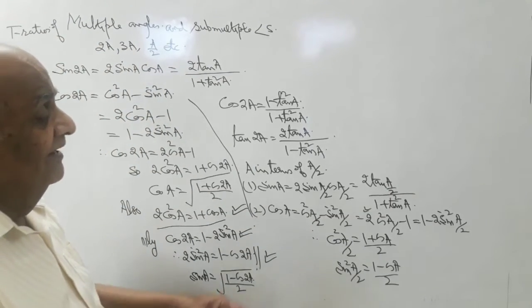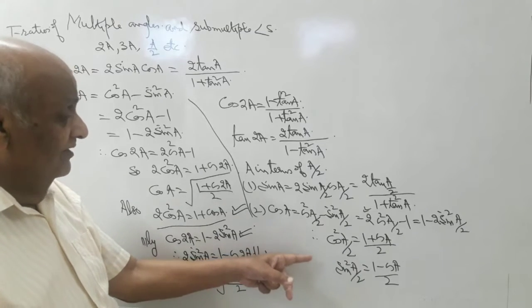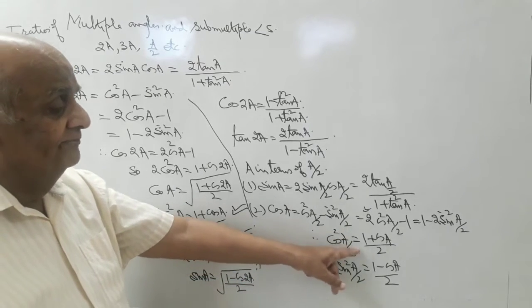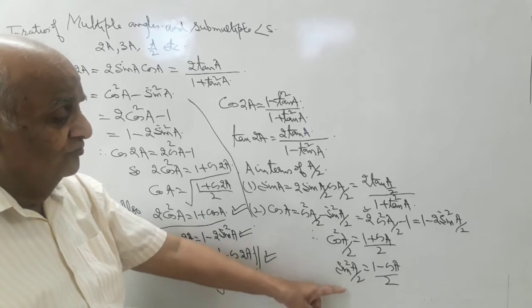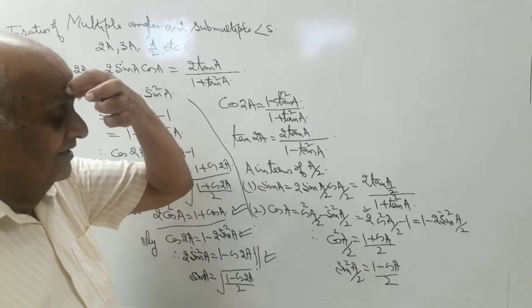So many times you will have to apply this formula: cos square A by 2 is (1 plus cos A) upon 2, and similarly sin square A by 2 is (1 minus cos A) by 2.